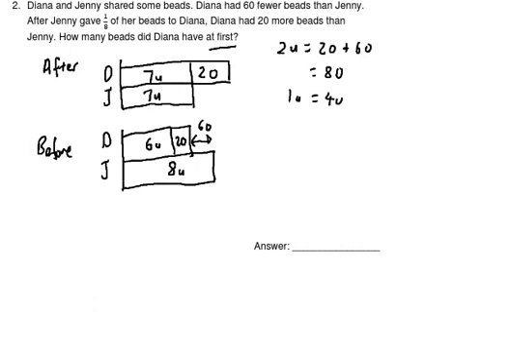Okay, now that you know what is 1 unit, I want to know how many beads did Diana have at first. So at first means before, right? So she has 6 units, which is 40 multiplied by 6, 240. Is that the final answer? No. What must I do to this 240?